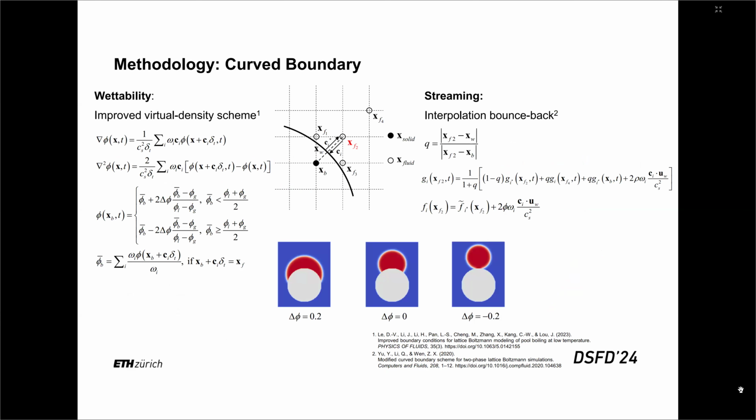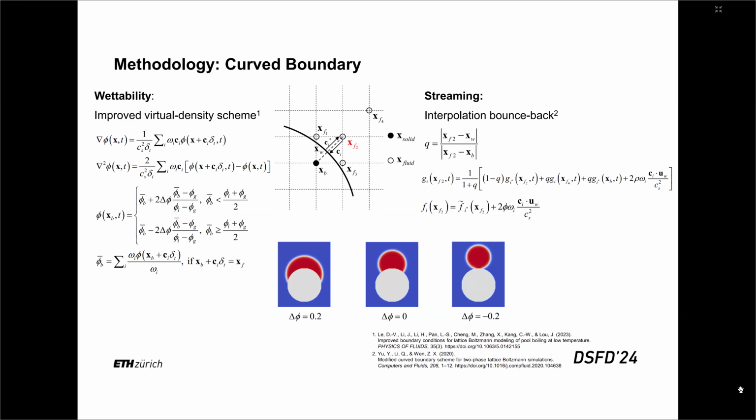And in our simulation, there will be lots of curved boundaries. Therefore, we need a wettability scheme to calculate the wettability on the curved boundaries. Here we provide the improved virtual density scheme, first proposed by Li and then modified by this paper. This scheme was first applied to the pseudo-potential lattice Boltzmann method, and according to our tests, it works well in the phase field lattice Boltzmann method.